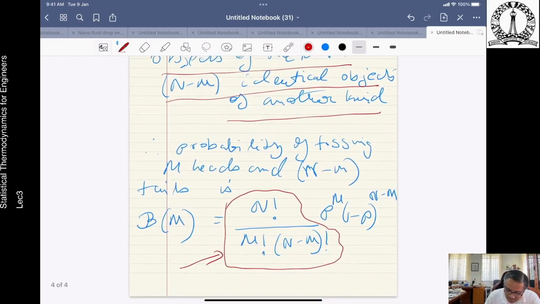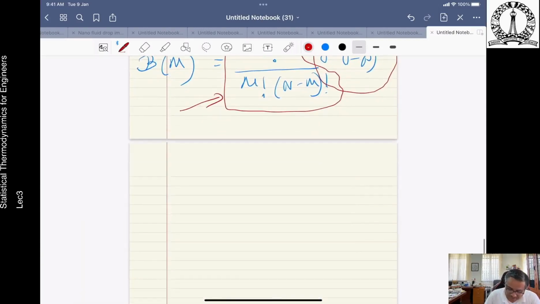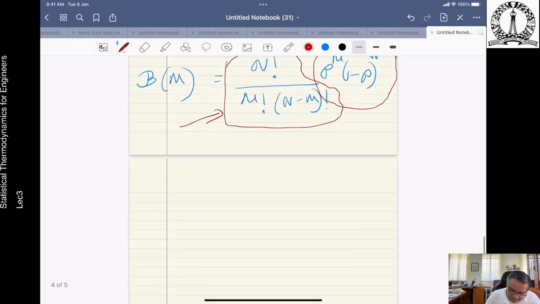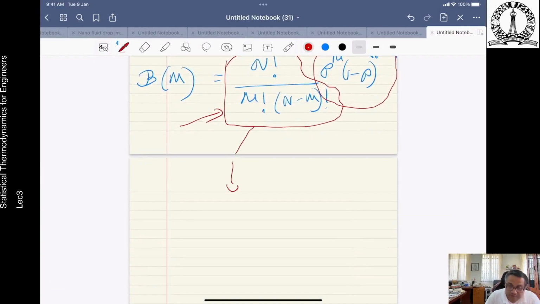So the probability becomes this multiplied by that. This is nothing but C(n, m), the combination that we covered in the last class.